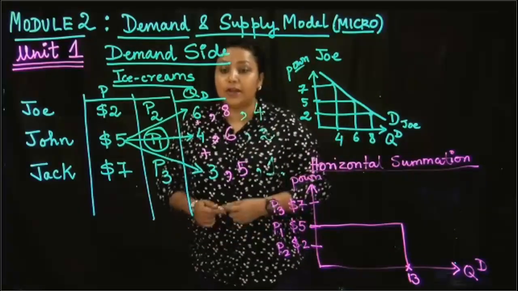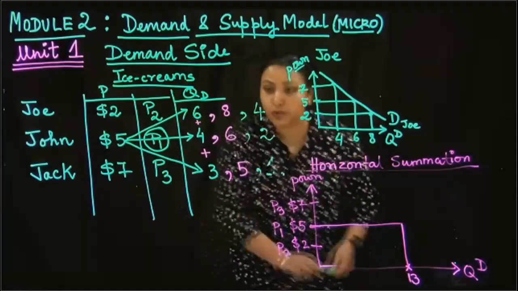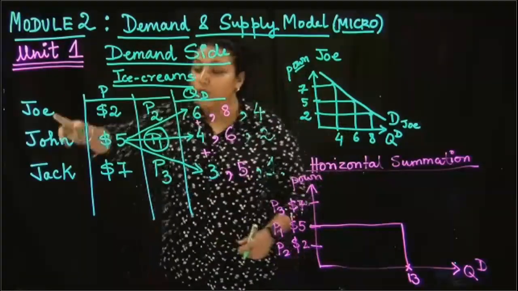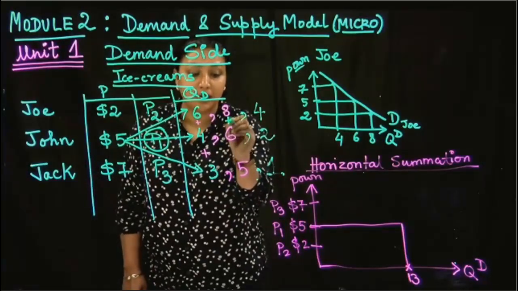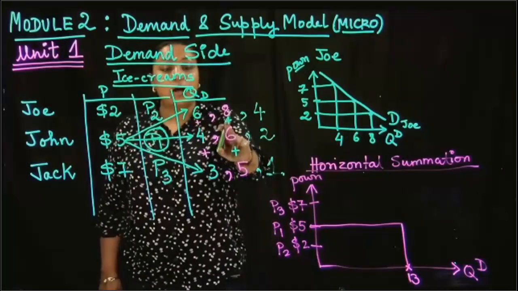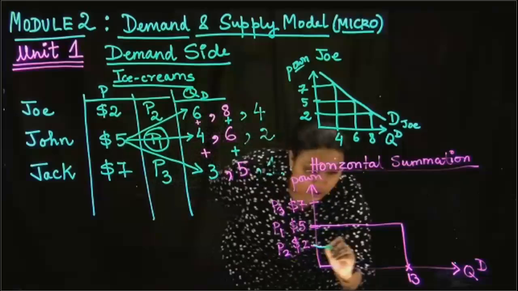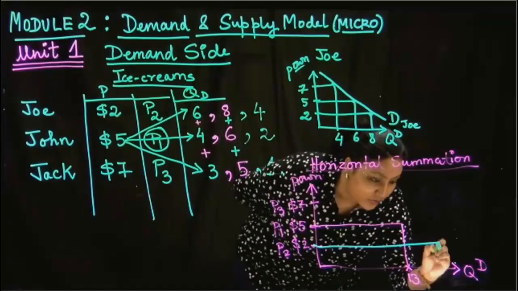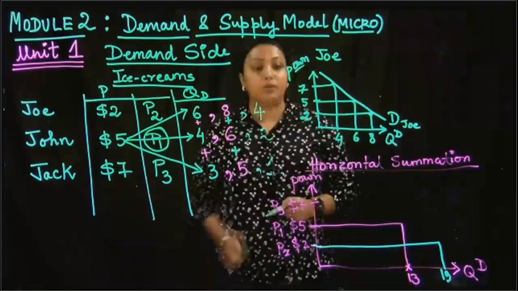Now if I look at the price point $2, then at price point $2, Joe, John and Jack together demand 8 plus 6 plus 5, which is a total of 19 ice creams. So at $2, all buyers of ice creams demand 19 total ice creams.